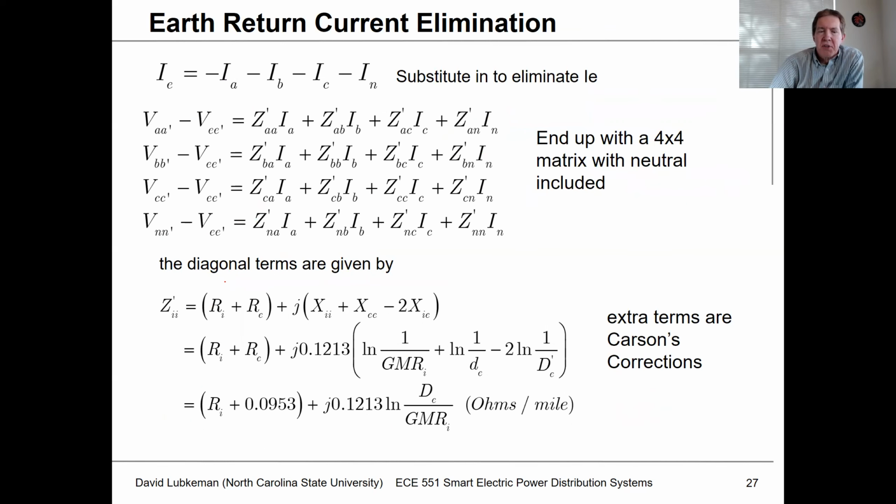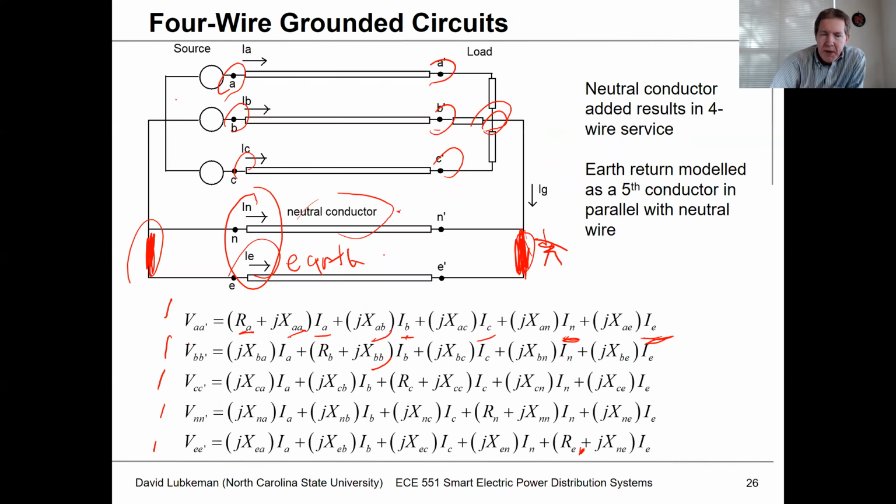If we do Kirchhoff's current law, IE is going to be minus IA, minus IB, minus IC, minus IN. And what I can do is take this expression for IE, substitute it back in here, and eliminate IE. And then once I've done that, what I can also do is subtract off equations 1, 2, 3, and 4.